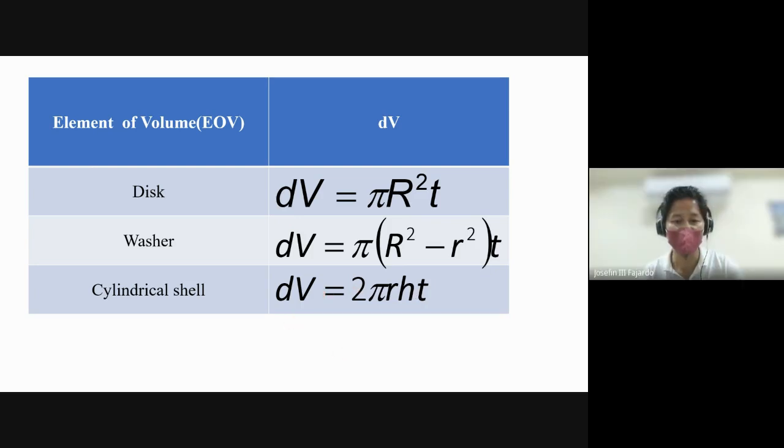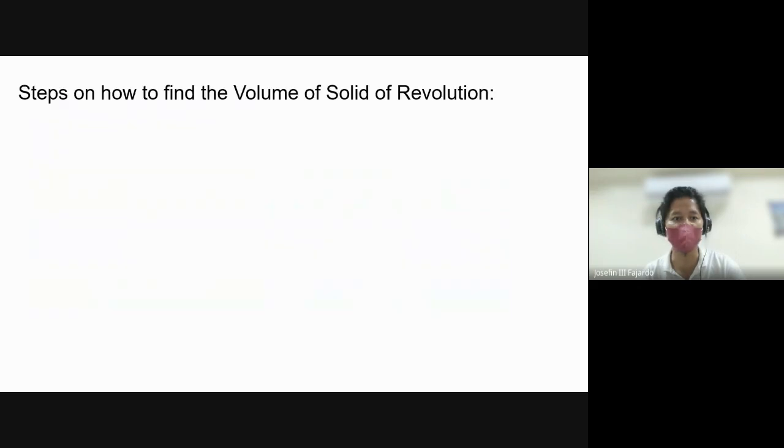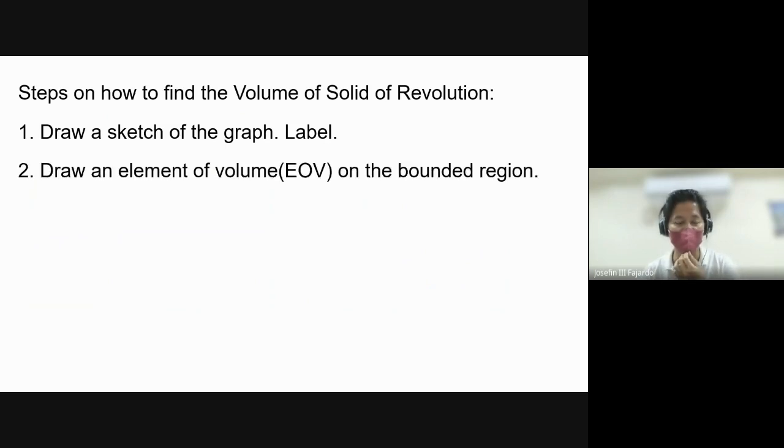Now, let me show you the steps of finding the volume. First, we draw the graph and label it so that we can identify the correct element of volume. We go straight to the element of volume, since we already know how to get the element of area of a bounded region.